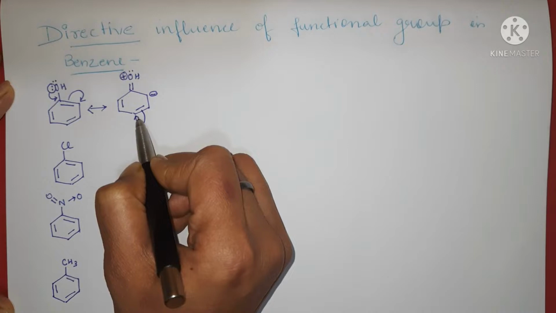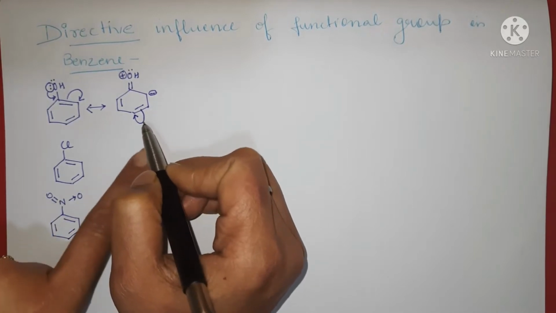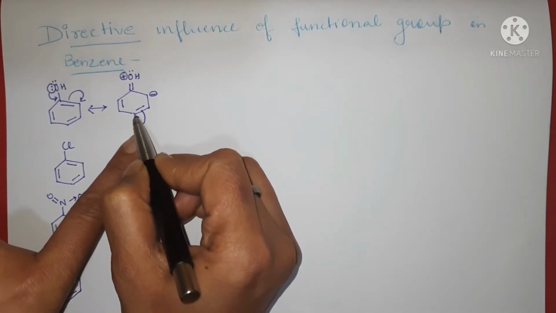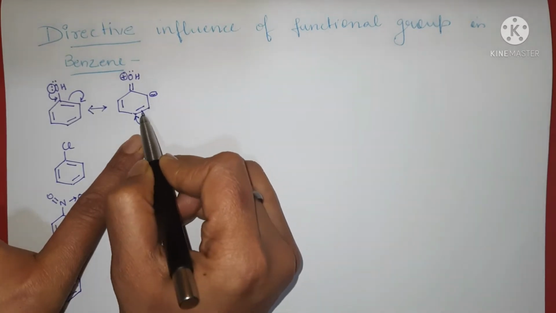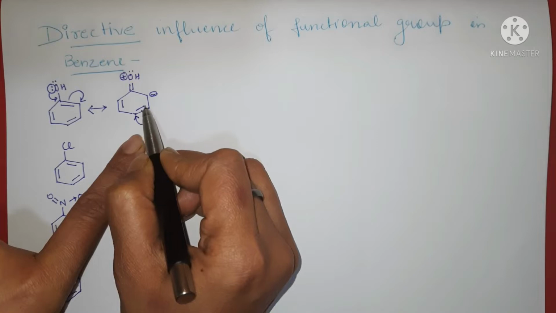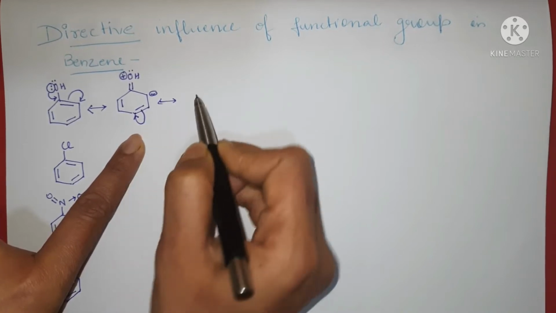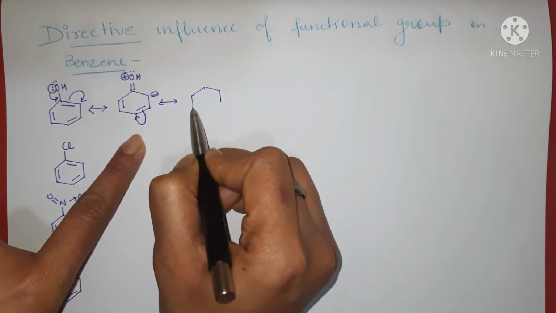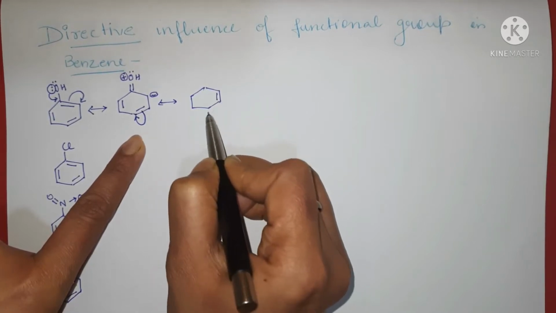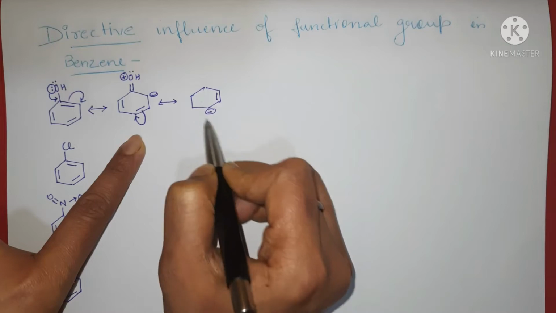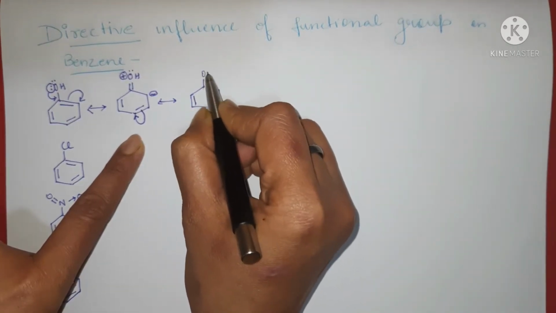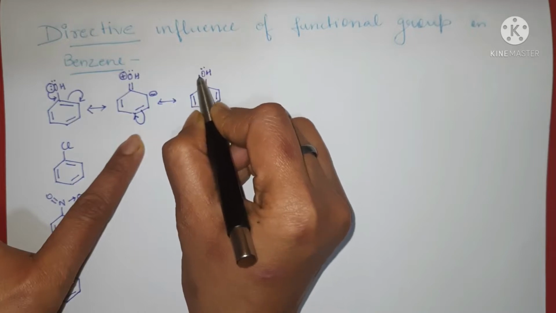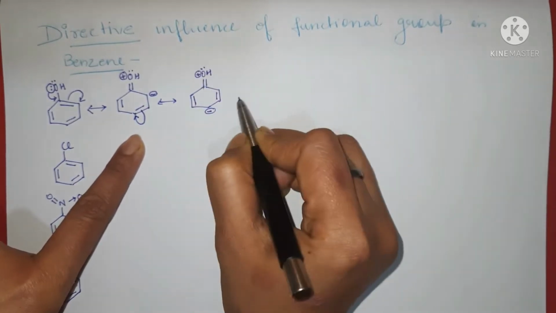This double bond's electrons move onto this carbon, and the lone pair and the positive charge will form a bond here again. So we will have one double bond here with a negative charge here, and the rest of the lone pair and positive charge is the same.